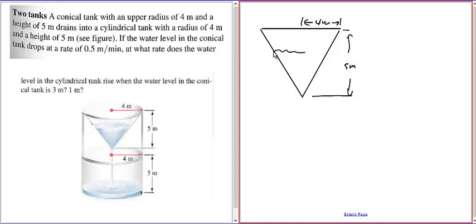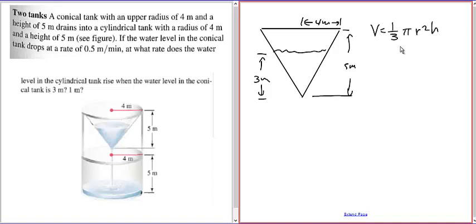There's some liquid in here, and this distance is 3 meters initially. Now what's the geometric relationship for a right circular cone? The volume is equal to 1/3 pi r squared h.